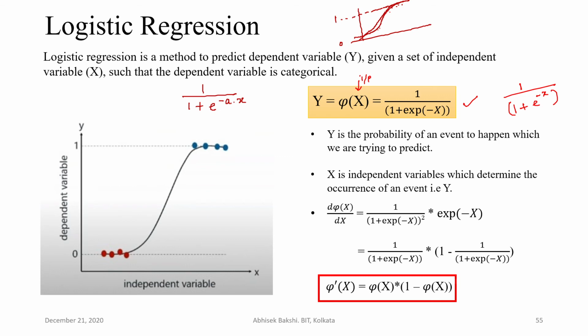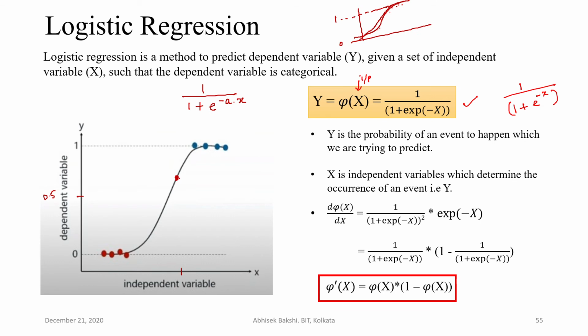Now what will happen for some new example? If I consider that I have training data something like this, and we add a new example at x equal to something like this, what will we do? We will find the corresponding value of y with respect to the curve. Obviously the 0.5 is present somewhere over here.